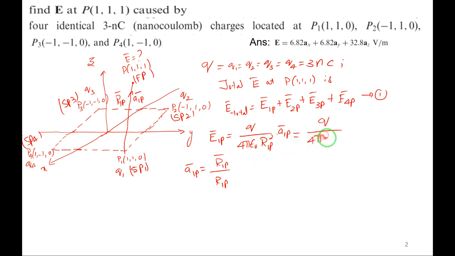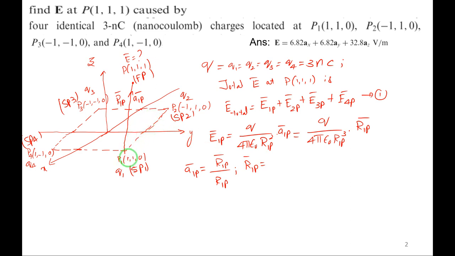So 4 pi epsilon naught R1P cube into R1P distance vector. I hope you got this, because I have substituted for A1P. A1P is vector R1P divided by its magnitude. Magnitude means it will multiply with R1P square, so it will become R1P cube. So we will try to find out R1P first, the R1 to P distance vector.